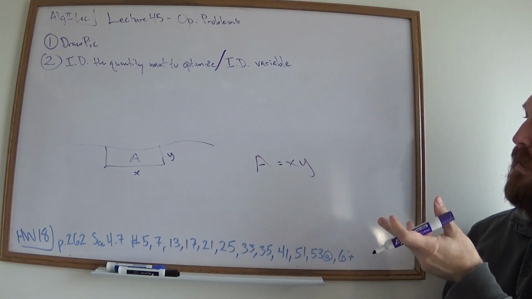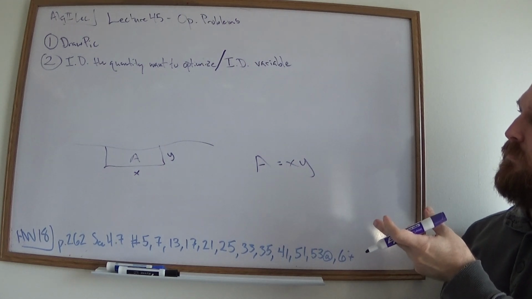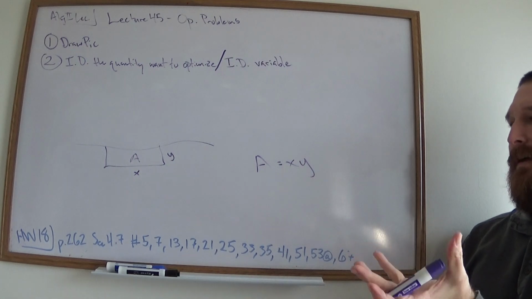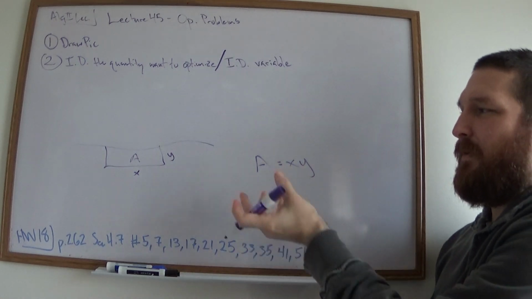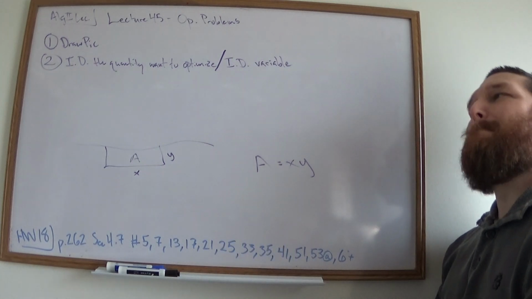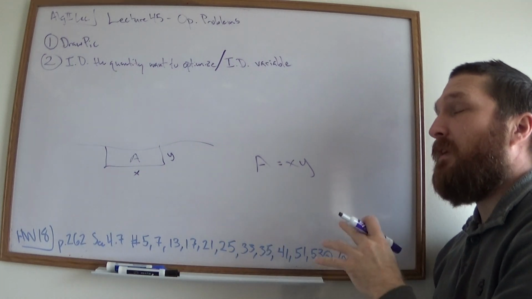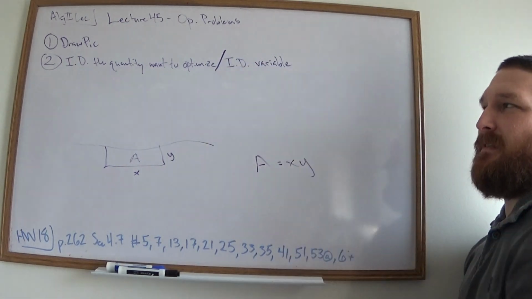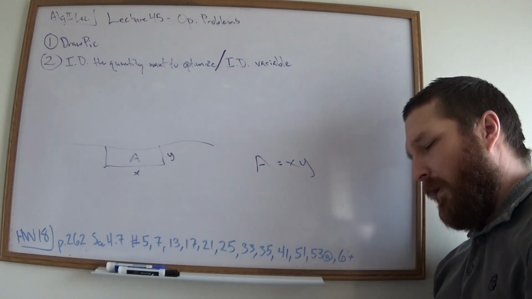You really don't need to ID a variable here because, well, what do you mean by variable? They're both variable, they're both the things that could change. You'll see in the example that we're going to do here in a minute what I mean by this part of the step. It should become more clear.